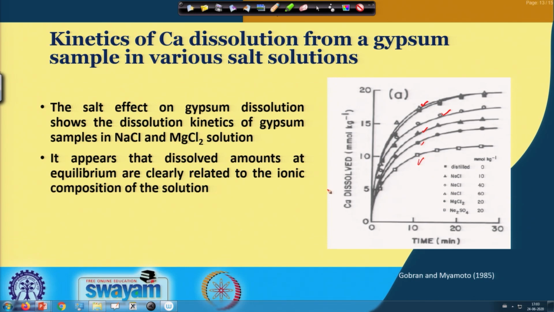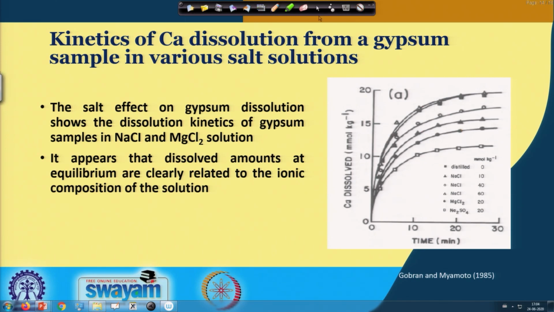So, basically this is showing the calcium dissolution or gypsum dissolution dynamics with respect to time, which is influenced by different concentrations of different salt solutions. So, it appears that dissolved amounts at equilibrium are clearly related to the ionic composition of the solution. Depending on the ionic composition, we can see that dissolved amounts are at equilibrium.